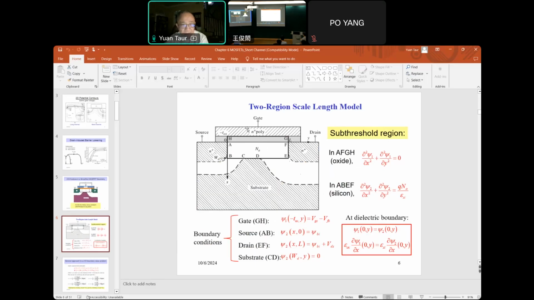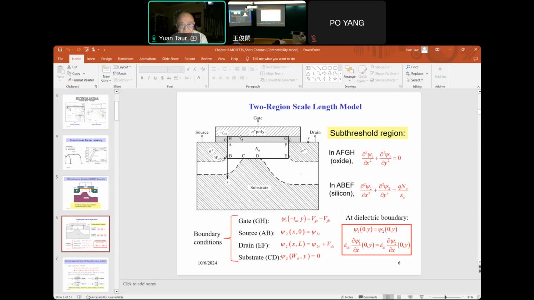We assume that the oxide thickness is Tox. So the gate is at minus Tox because we define 0 to be here. X goes positive in the depth direction, so the gate is going up. That's minus Tox.